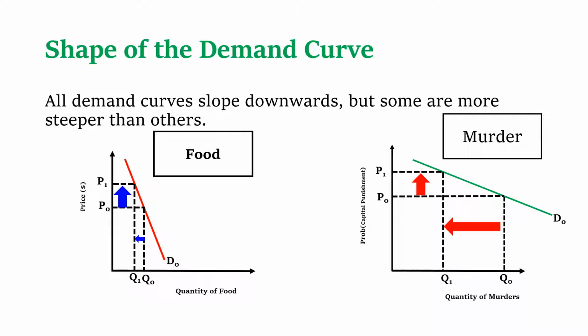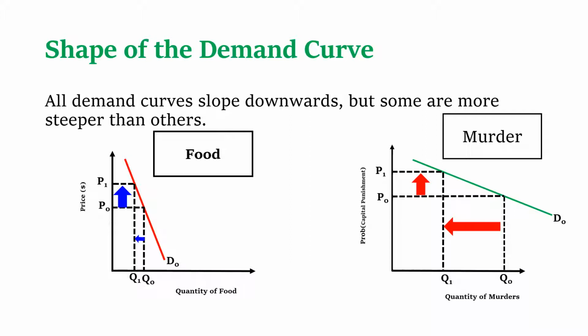Because you cannot do without food. Otherwise, you're going to die. You can't do without food, otherwise you will die. So it's a necessity. That is why you see that steepness in that particular curve.